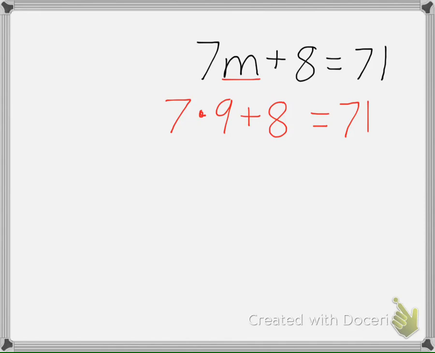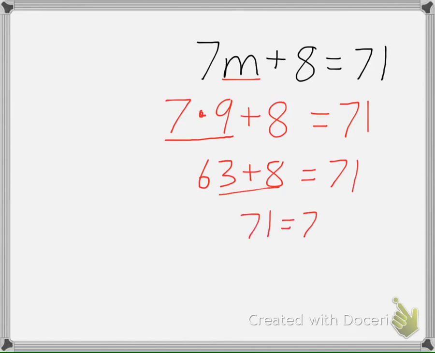So now we do regular order of operations at this point, so our multiplication comes first. 7 times 9 gives me 63, and then 63 plus 8 is 71. So my check works out, which lets me know that my solution, 9, really is what our m value needs to equal in this equation.